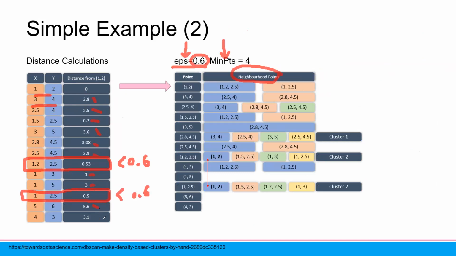This is no and no. Then we have 2 points. We have 2 neighborhood points. So for the point 1,2, we have the first point, which is 1.2, 2.5, and the other is 1, 2.5. So we have 2 neighborhood points.